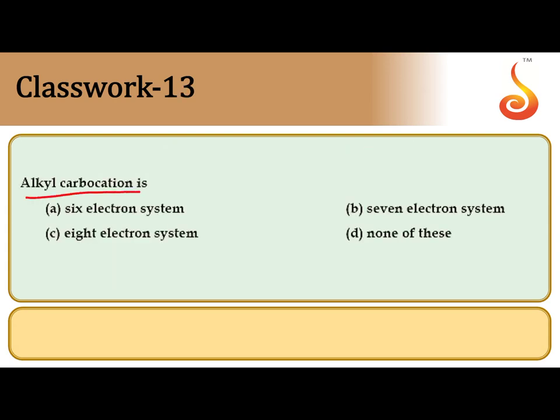Alkyl carbocation, let us take methyl carbocation. It undergoes sp2 hybridization with one empty p orbital. So since it is forming 3 sigma bonds, 3 into 2, 6 electrons are available.